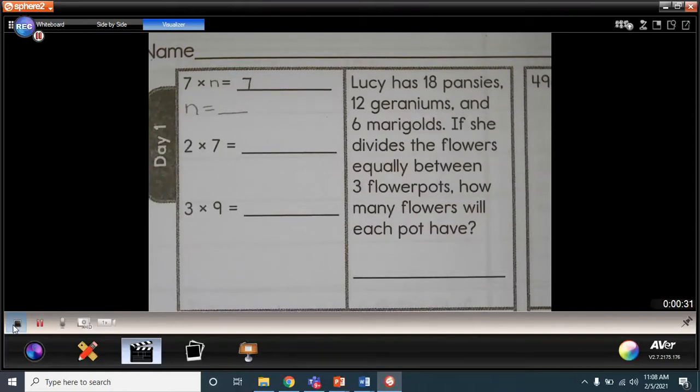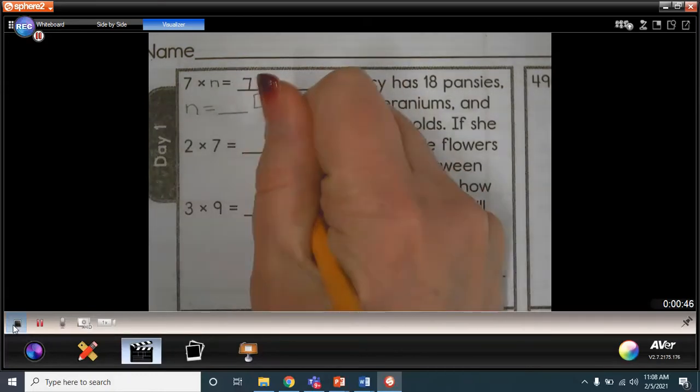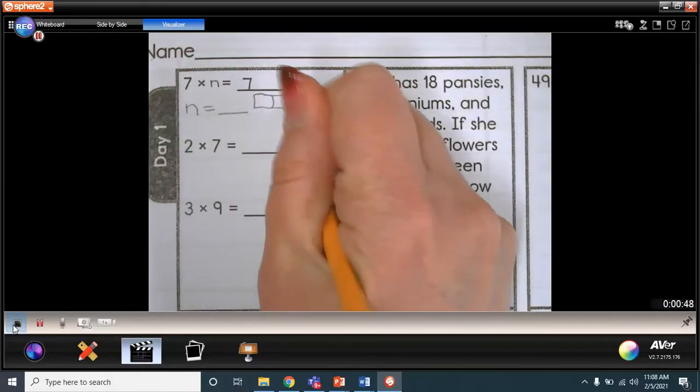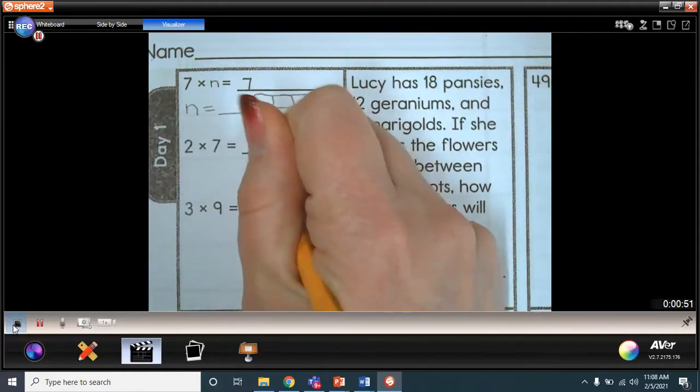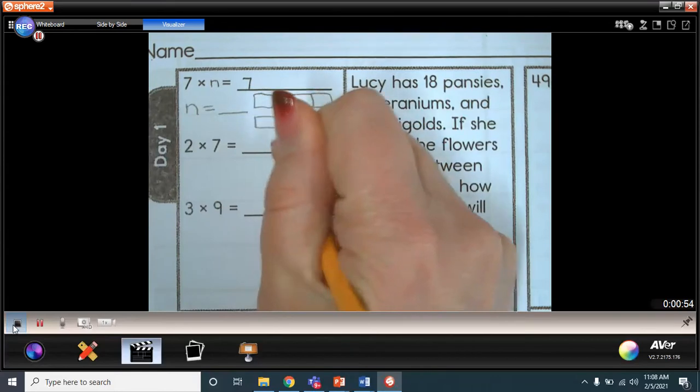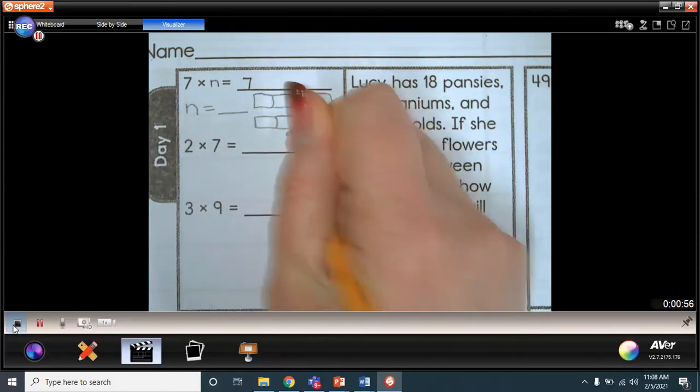We have 7 times n equals 7. So I have 7 groups of a number or an amount, and when I add those all up, I still get 7. So what would have to be in each one of these 7 groups that would add up to be 7?